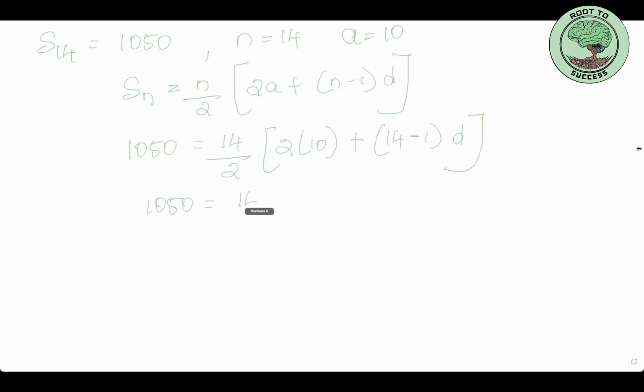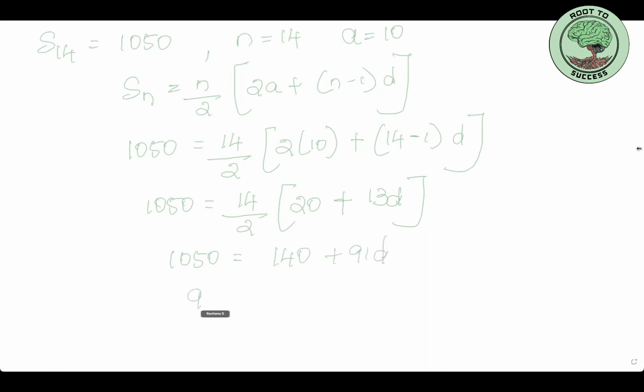1050 is equal to 14 by 2 into 20 plus 14 minus 1 will be 13, 13 into d will be 13d. 1050 is equal to 140 plus 91d.